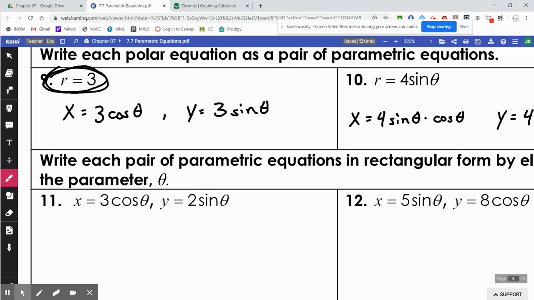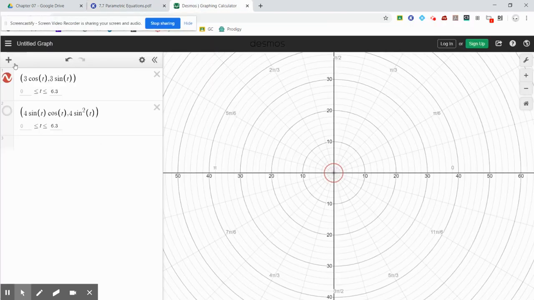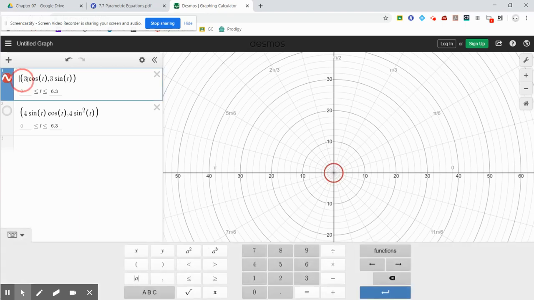Now, I do want to show you that these parametric equations can also be graphed on Desmos. Notice what I've done here. This is my first graph, 3 cosine theta, 3 sine theta. One thing you have to do is use t's instead of thetas to get them to graph in parametric. All you do is write them as a point, in parentheses with a comma between them, because this is your x and this is your y.